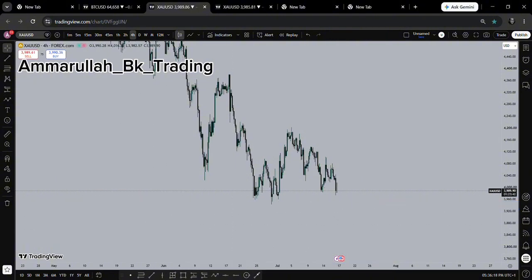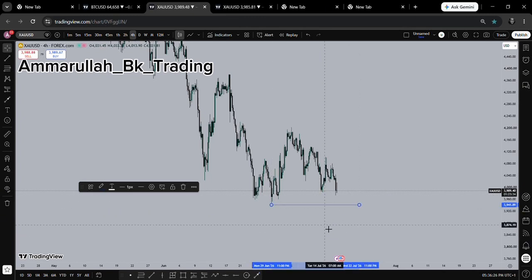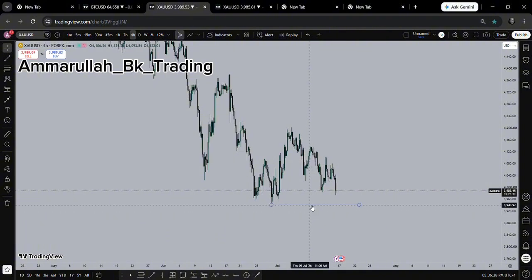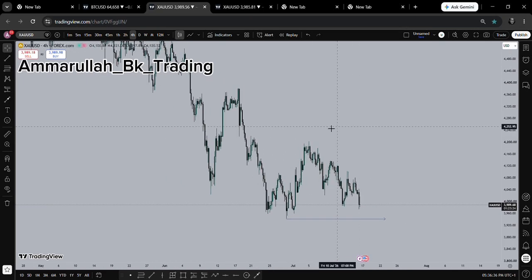Since we are in downtrend, we will not be looking for any reason to sweep a high, but we will be looking for reasons to sweep lows. Any trade we are taking now will be trades that reach this particular low, because that's our target, right?